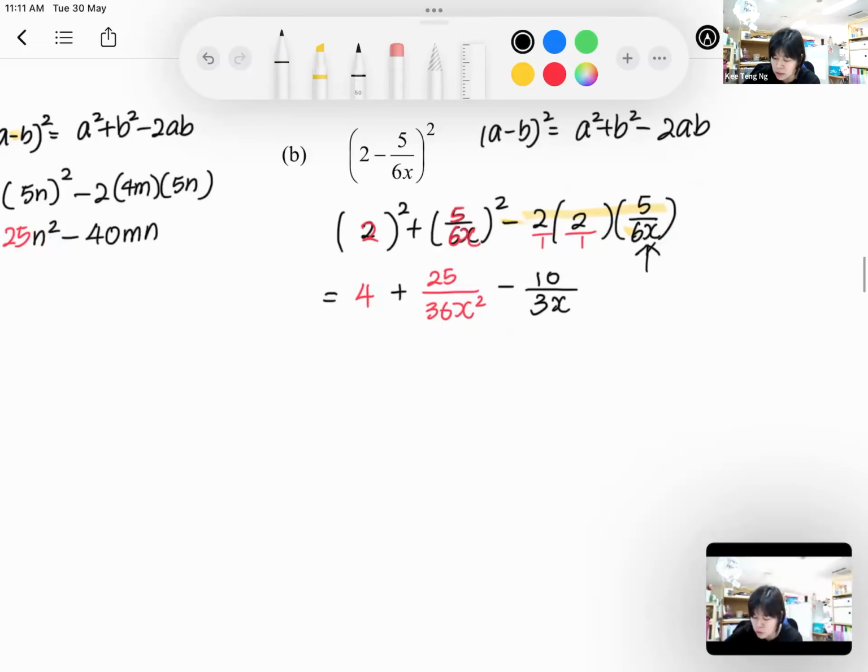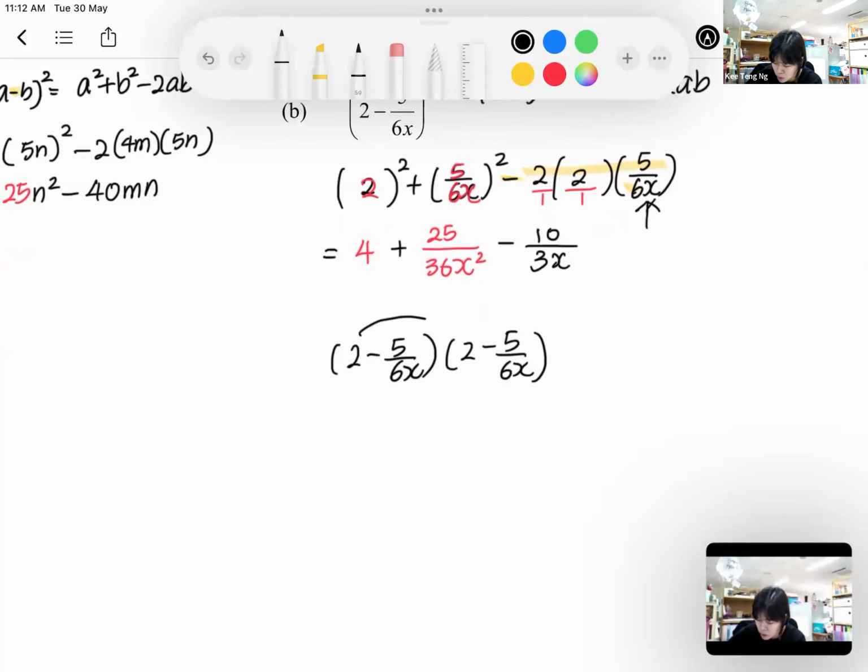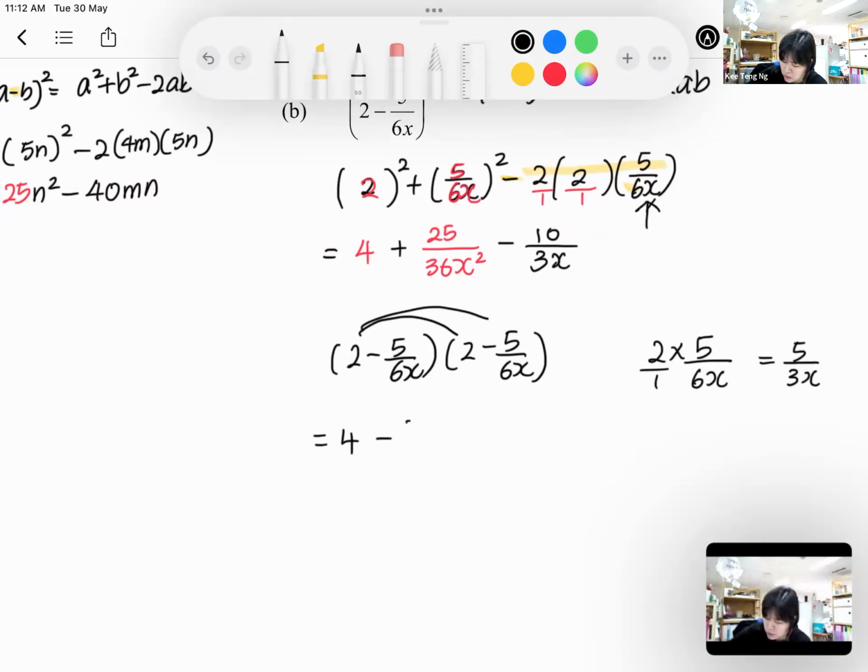If you want to use method 1, you want to repeat this 2 times, no problem. I just need to do a little bit of background work. 2 times 2, 4. This one is 2 times 5 over 6x, which gives me 5 over 3x. So this will be negative 5 over 3x.